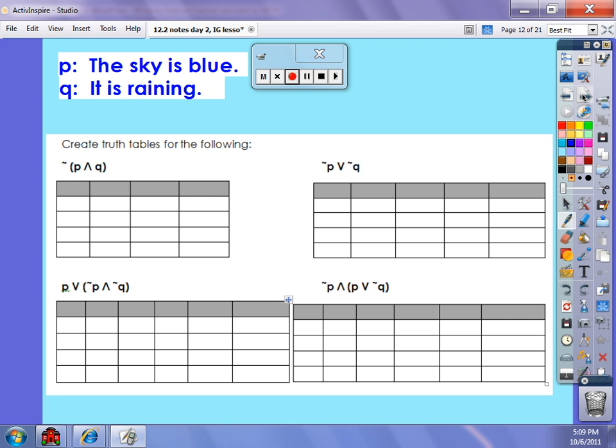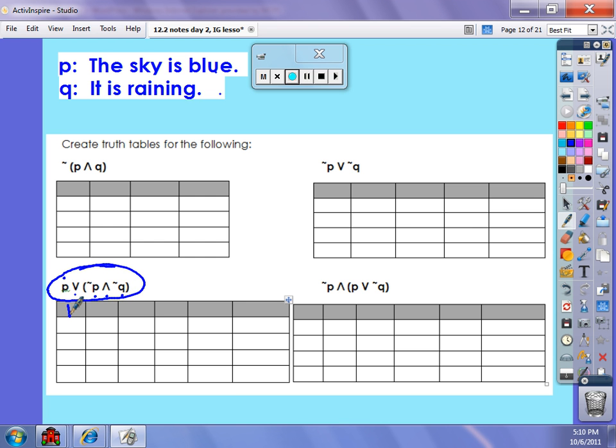Let's do one more. Let's maybe pick this one over here. Okay, what I'm saying here, I'm going to use the same, the sky is blue, it is raining. What I'm saying here is the sky is blue, or it's the case that both the sky is not blue and it is not raining.